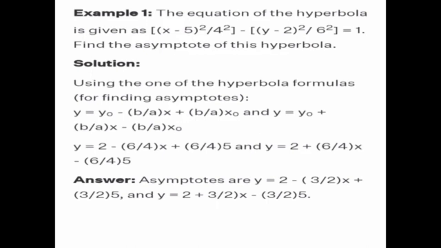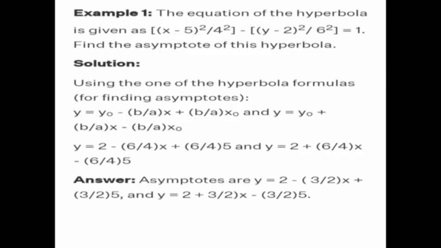Let's substitute the values. So we have y is equal to 2 minus 6 all over 4 times x plus 6 all over 4 times 5, and y is equal to 2 plus 6 all over 4 times x minus 6 all over 4 times 5.